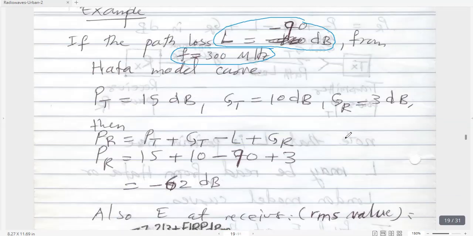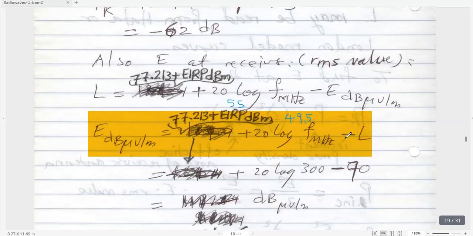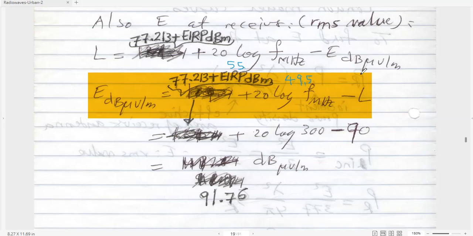And L is 90 dB. We put here 90 dB. L is 90. That is minus 90.